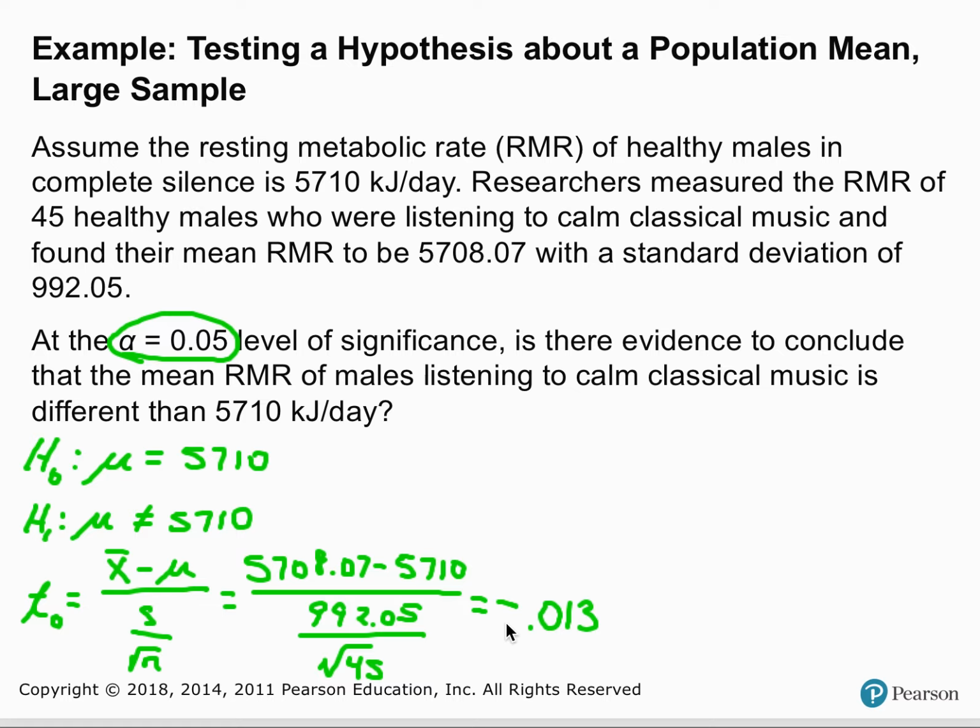Okay, so because this is a two-tailed test, we need to determine the critical value at the alpha equals 0.05 level of significance with 45 minus 1, so 44 degrees of freedom, right?